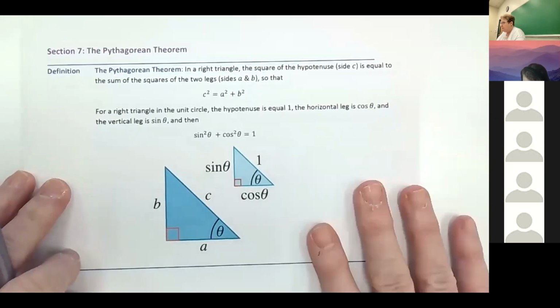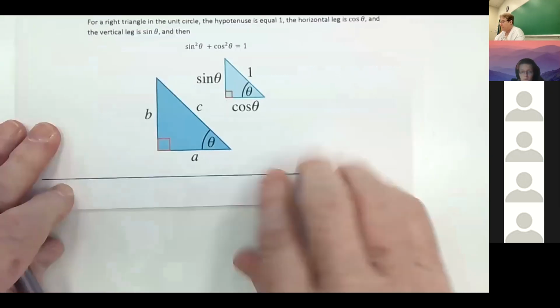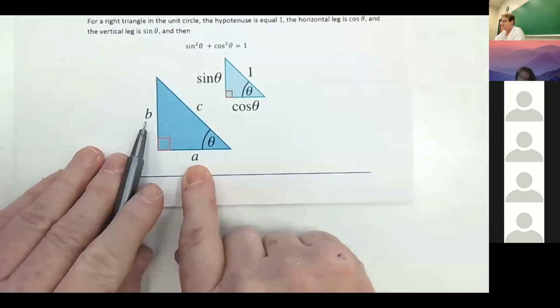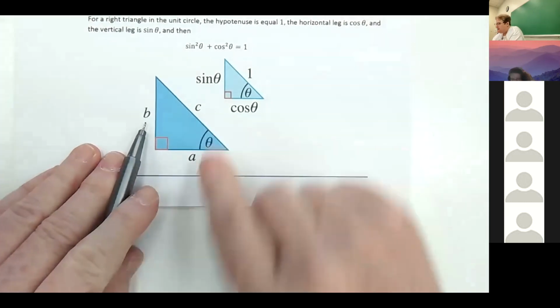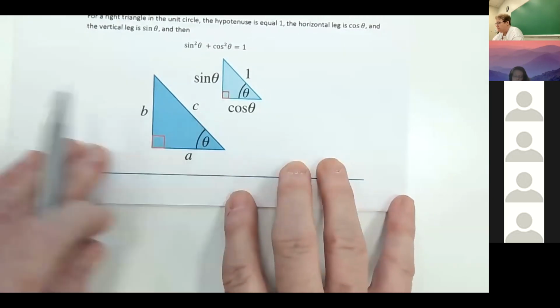The Pythagorean theorem, a squared plus b squared is c squared if you've got a right triangle, and c is the hypotenuse.